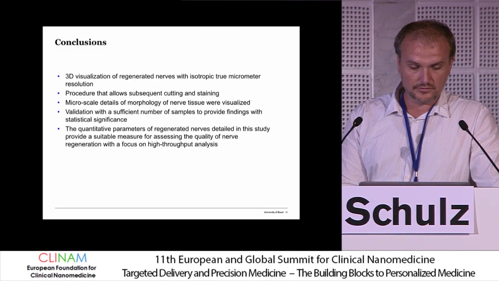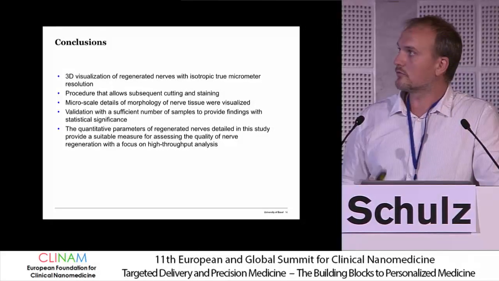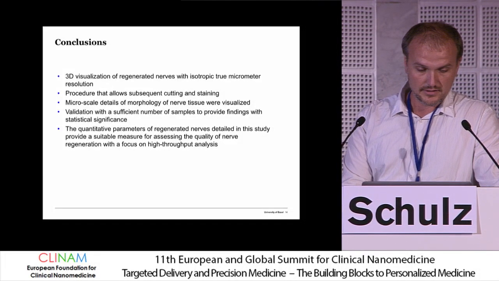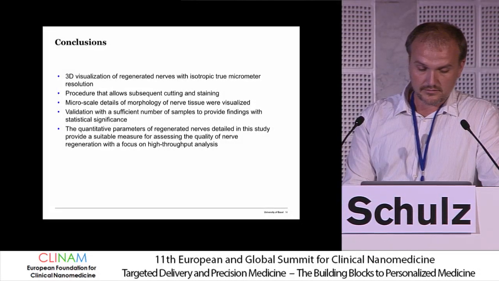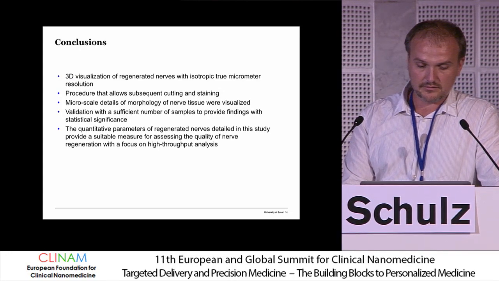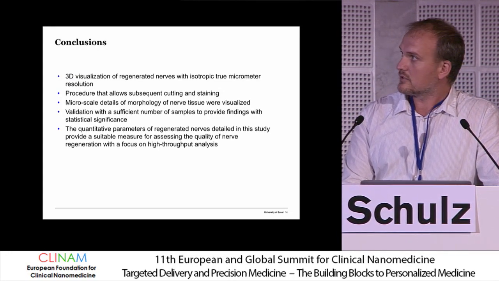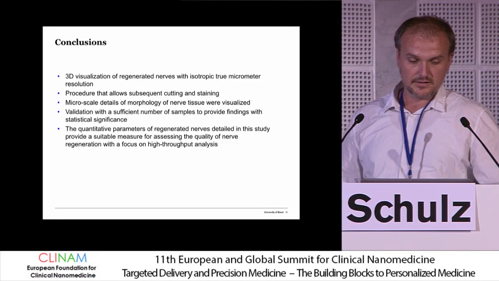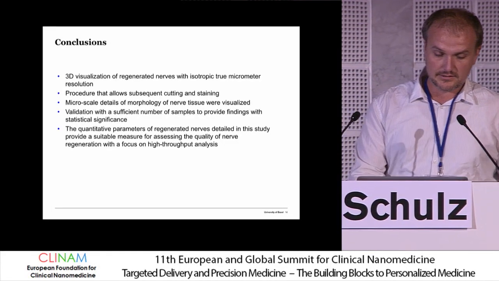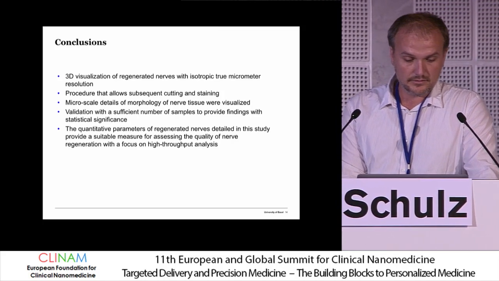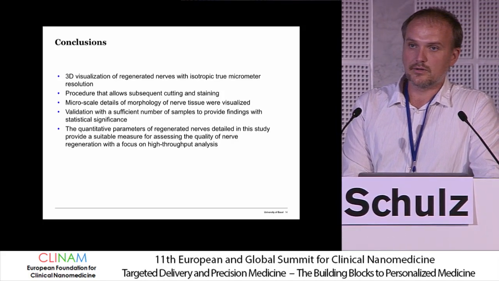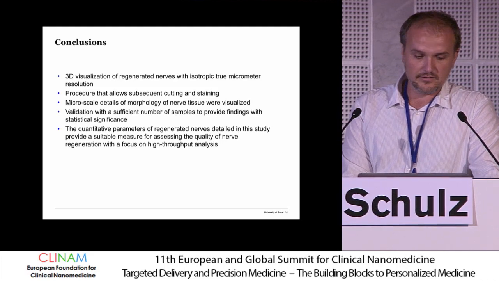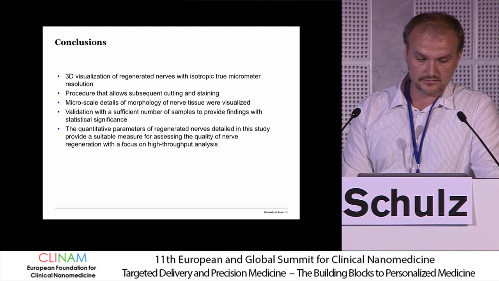I've shown you the micromorphology of the nerve tissues, and the results were validated with a sufficient number of samples to provide findings with statistical significance. On one of the last slides, I showed you quantitative parameters where we compared the healthy and the reconstructed nerves.